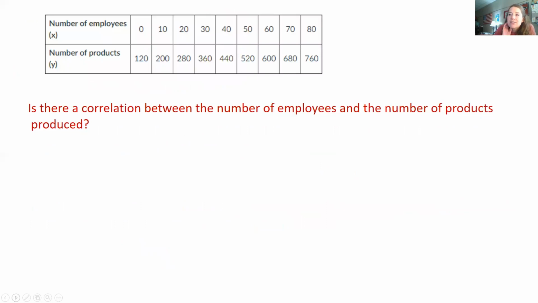All right, is there a correlation between the number of employees and the number of products produced? Well, once again, I'm going to use my calculator. I'm going to figure out what the equation is, the line of best fit. I mean, I could make a, what's it called, scatter plot.